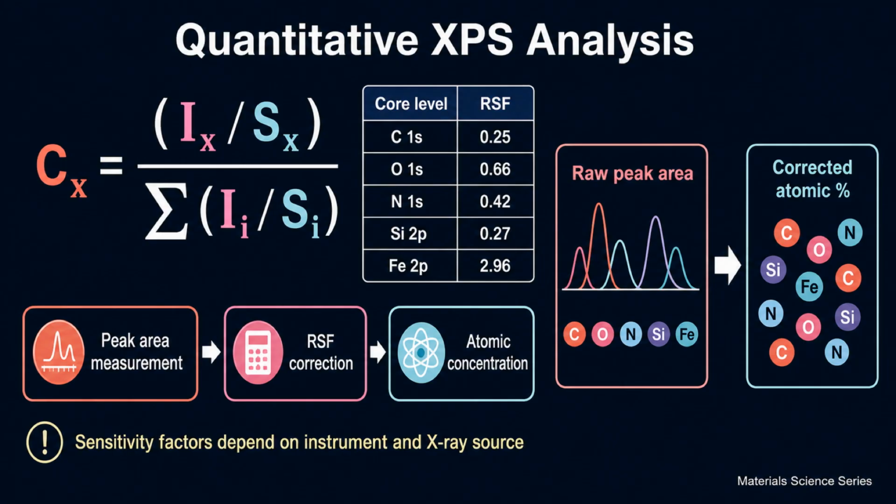On the widely used Wagner scale, fluorine 1s is set to 1, with carbon 1s at 0.25, oxygen 1s at 0.66, and iron 2p at 2.96. These factors depend on the specific instrument and X-ray source, so using manufacturer-provided values is important.